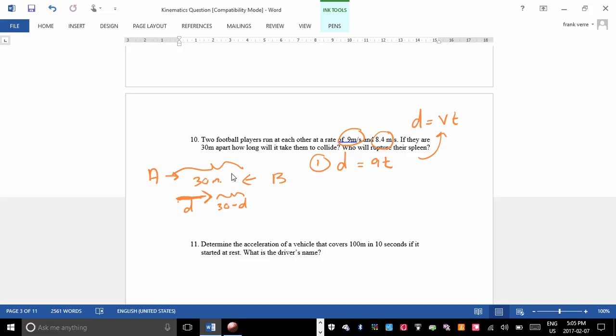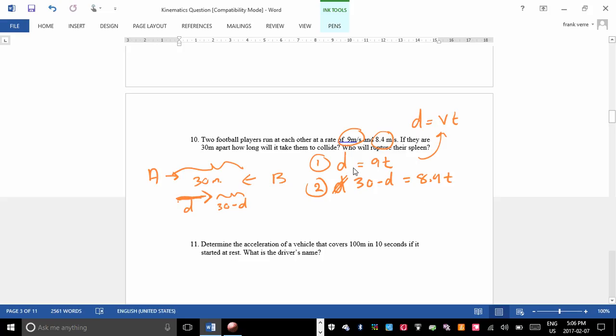So if player A covers, for example, 12 meters, that means player B must have traveled 18 meters. So if we look at player B, the equation for B then would be 30 minus d, that's the distance they travel, is equal to their speed, which is 8.4 times the time.